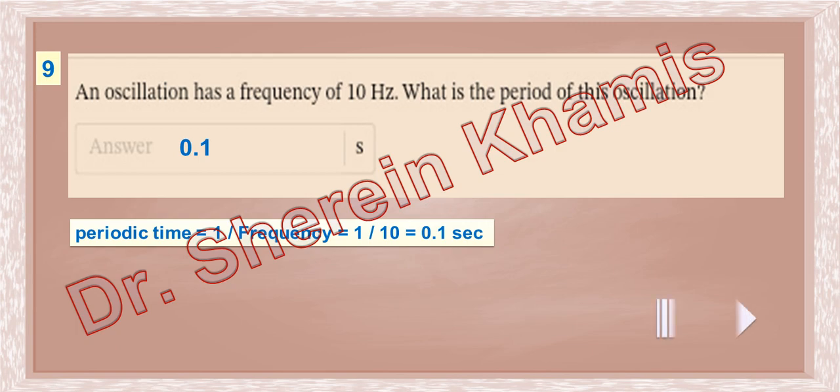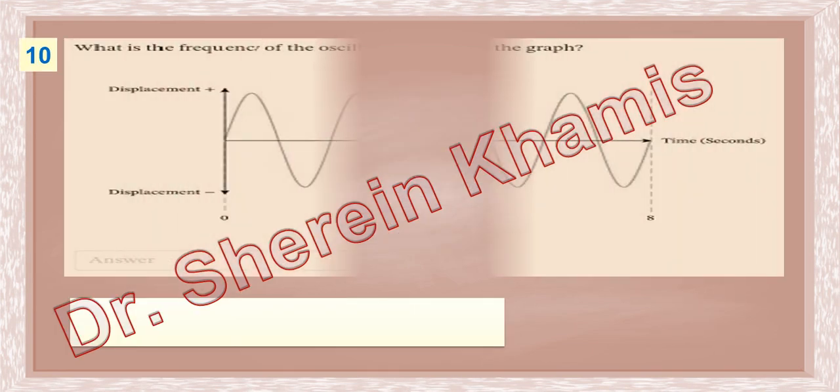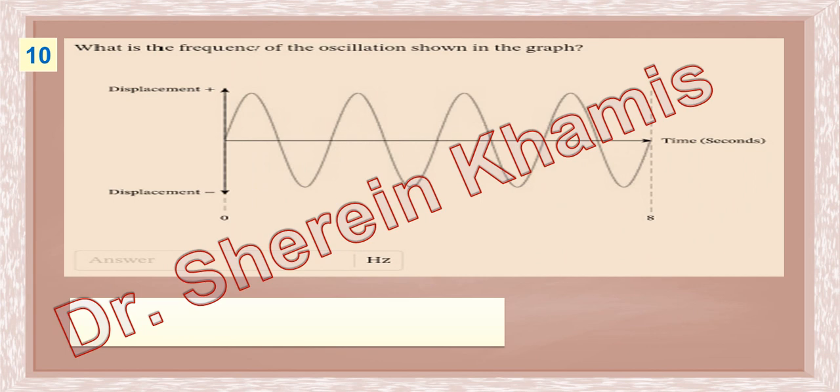Okay, let's go to question 10, the last question of our group today. What is the frequency of the oscillation shown in the graph? We have one in the positive displacement and one in the negative. We have 4 oscillations, 1, 2, 3, and 4, and the time for them is 8 seconds.